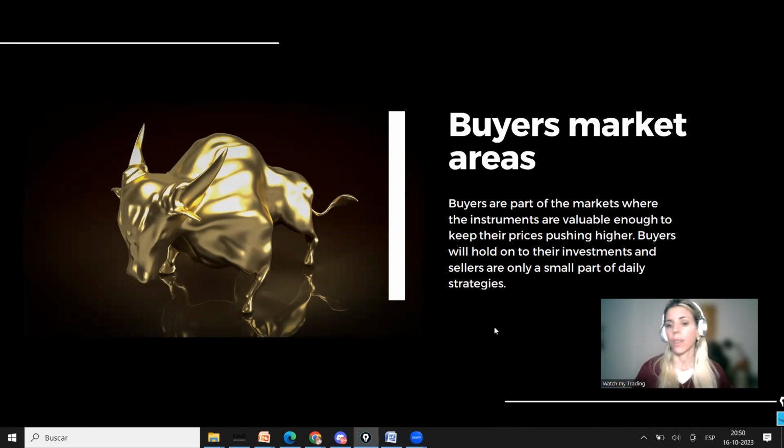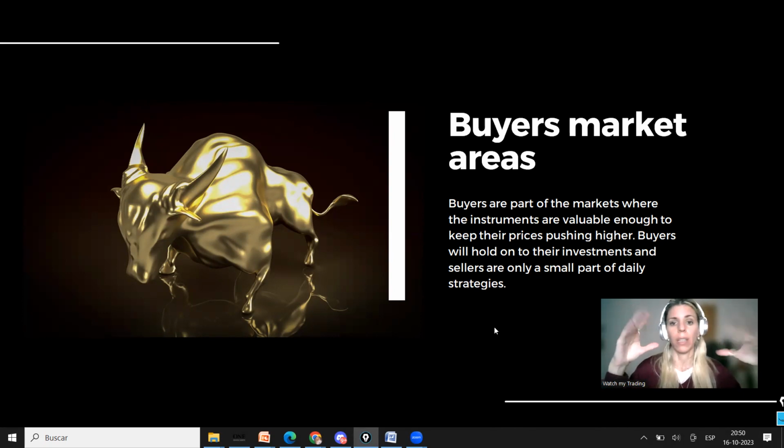But there's no such thing as sell market area in indexes or buy market area. The same for oil. Oil tends to go up. It's a trend market. Those markets that are trend are also only trending up or in crisis. But in the FX market, there's no such thing as trending markets.